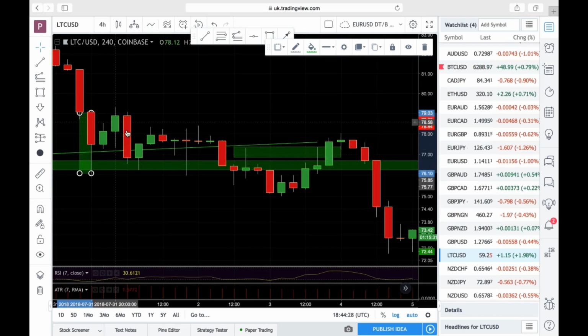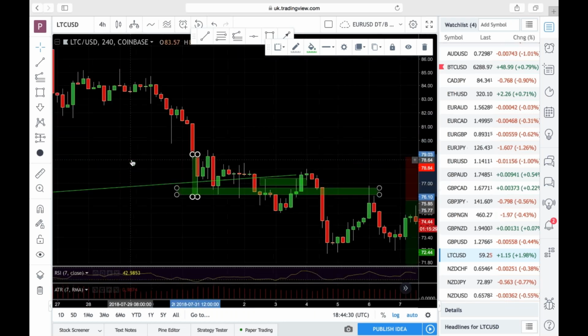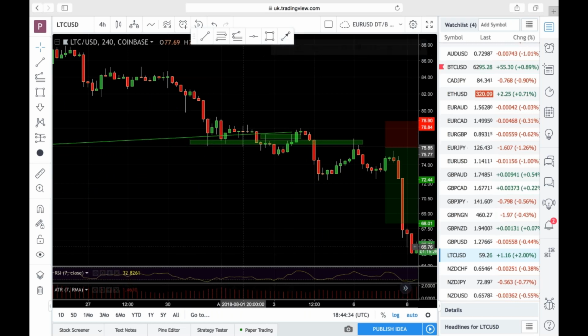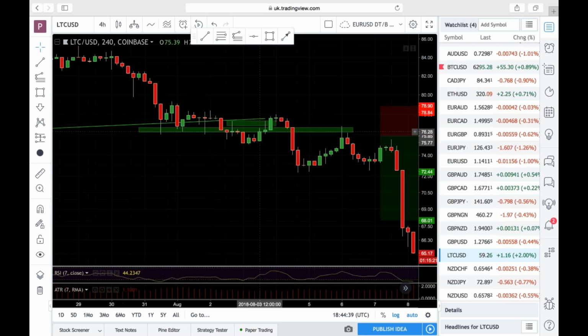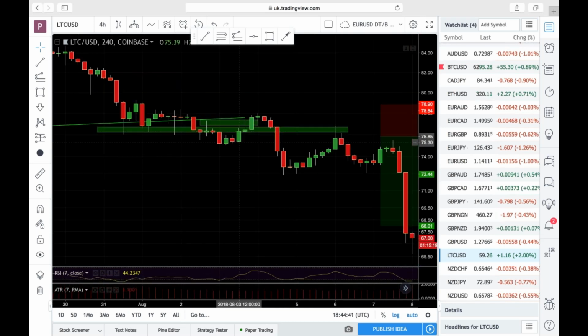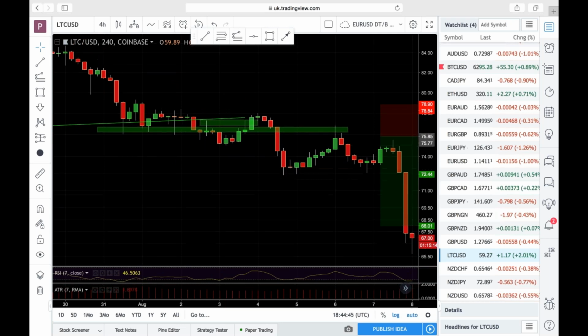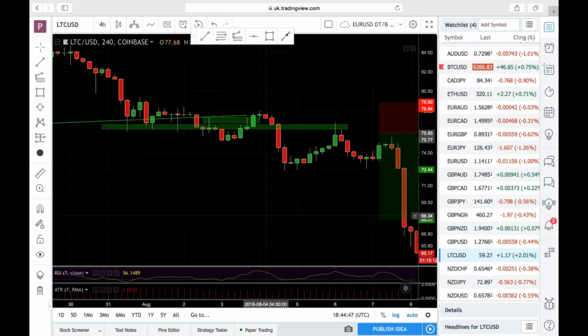We retraced back up until we broke out right here. Now even then we still had a retrace back into the channel again, but generally the higher the time frame, the more trustworthy the signals, I've found from my back testing.